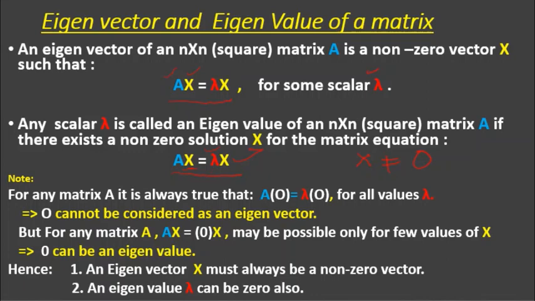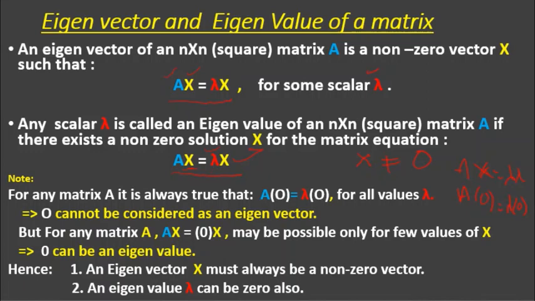Now let us look at some points. First point, for any matrix A, it is always true that A into 0 is equal to lambda into 0, because if you take the equation Ax is equal to lambda x and put 0 in place of x, it is compulsorily satisfied for any lambda.